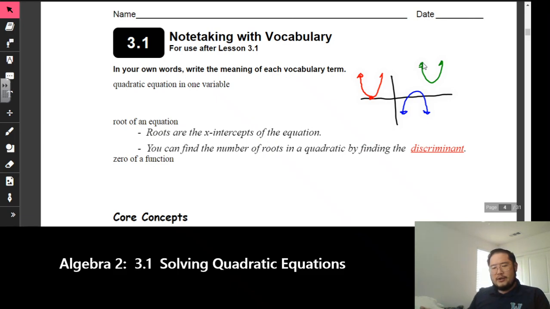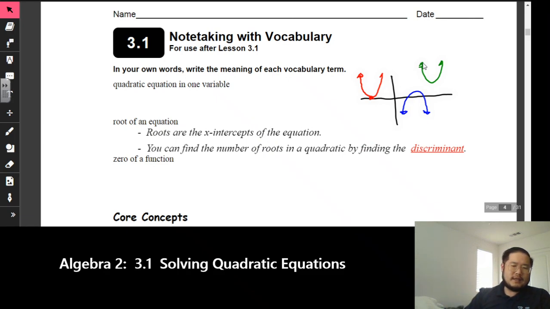So one of the ways that you could find the different roots, or at least the number of roots, is by finding the discriminant. The equation for that is actually the part underneath the radical in the quadratic formula, which is b squared minus 4ac.